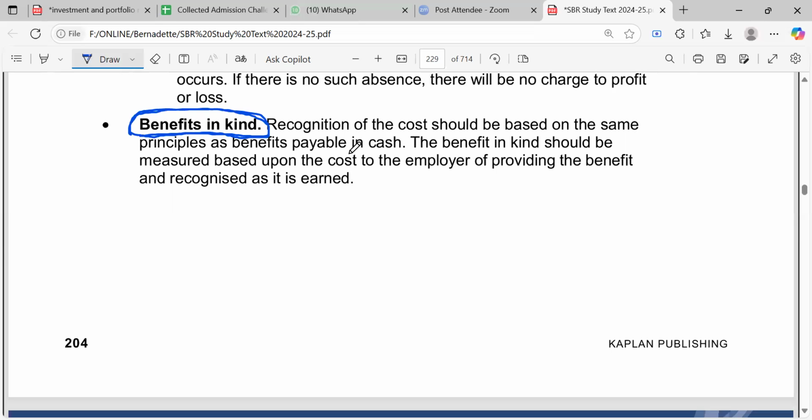I'm just trying to give an example of a benefit in kind, so don't worry whether it's out of context or not. Presume someone is paying the school fees for your children. It's a benefit, because even if they didn't do that, you would have had to take your money and pay, right? So that's a benefit.